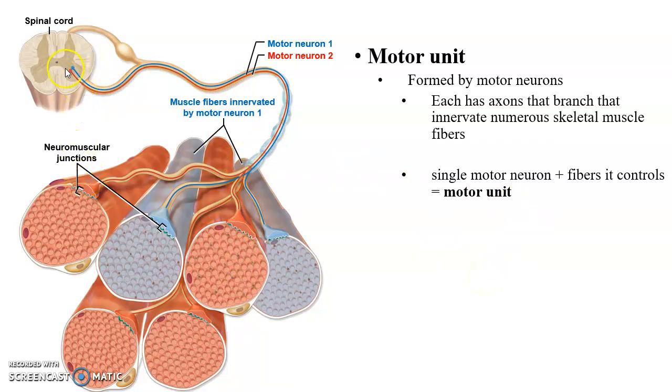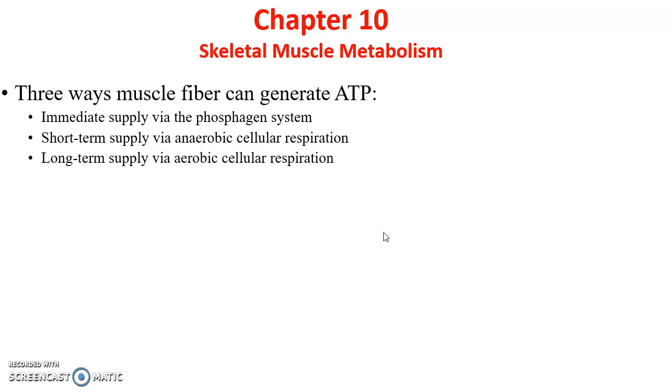So here we have the somatic motor neuron 1, follow it out, it branches out, and leads to the ability to connect these two skeletal muscle fibers. So that is one motor unit. Second motor unit made by this second somatic motor neuron, it branches out and connects to these 4 skeletal muscle cells. So that is a motor unit, a single motor neuron controlling a selection of skeletal muscle cells.